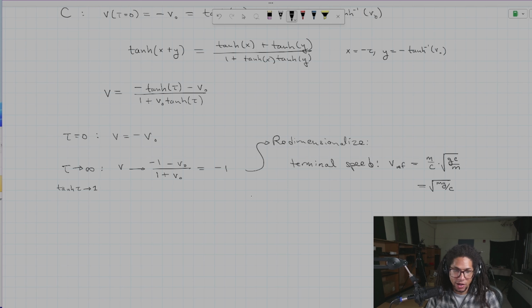For instance, if we were in a context where we didn't know if a linear drag model or a quadratic drag model was more appropriate, we could find the terminal speed of our object in this setting, and we calibrate either B or C to that value. Now we can look at the form of the solution at other times to see which model was more accurate. And that's a hugely useful thing that we were able to do just by looking at these few properties of the solution and some limits.